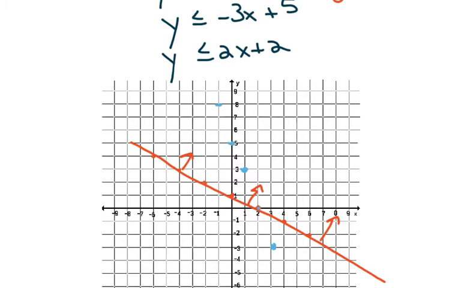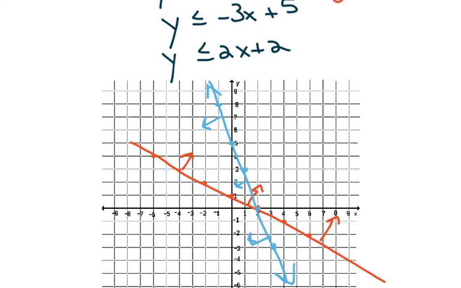It is again solid. And less than, notice that it's pointing to the left, the shading is going to be this way. So right now, if I were to shade the intersection, it would be in here. But I'm going to erase that because we're not shading there yet. We need to do one more line.